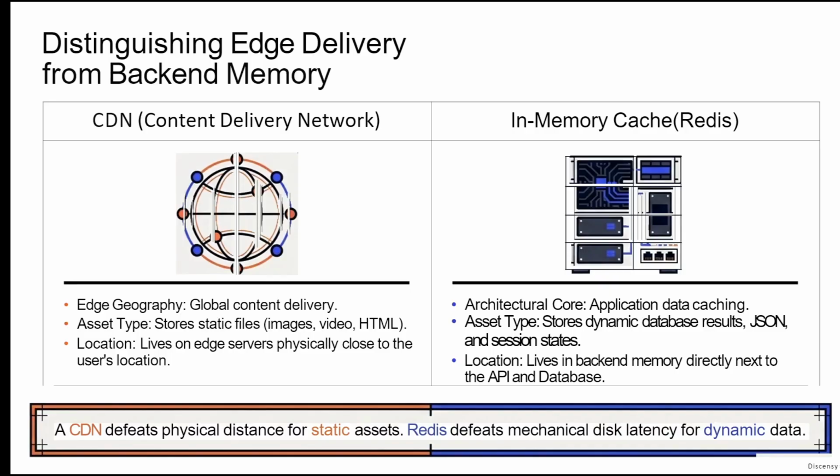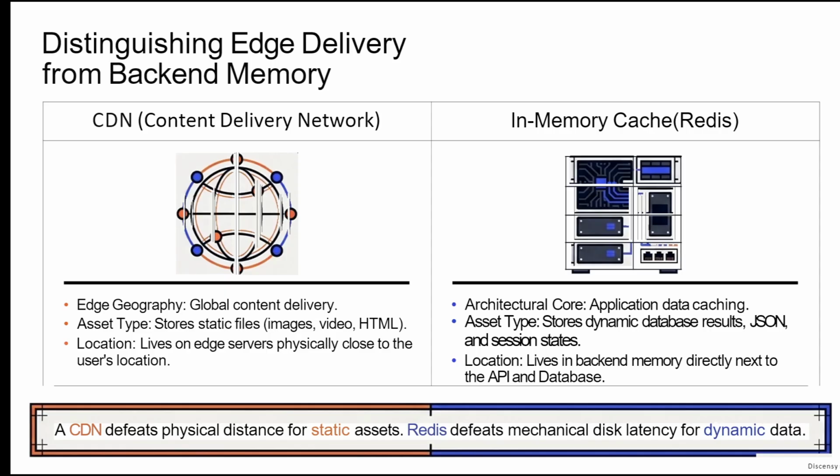Distinction between edge delivery and backend memory. Now we have CDN, that is content delivery network, and also in-memory cache, that is Redis. Now, trying to understand the difference between them, the first point here is edge geography. Geography in the sense of location, right?